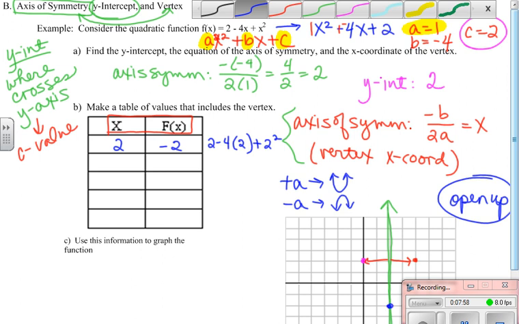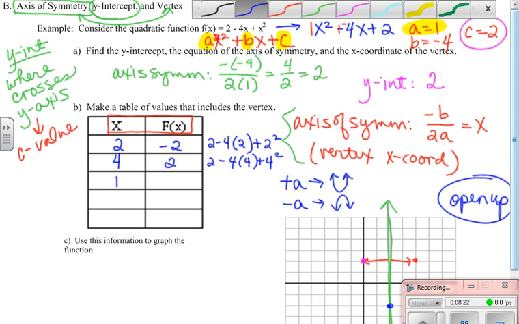Let's test our cheat point over here. That was at 1, 2, 3, 4. If I let x equal 4, 4 squared minus 4 times 4 plus 2 ends up being 2, just like we thought. It'd be nice if we get a couple more points on either side. So let's put in 1.